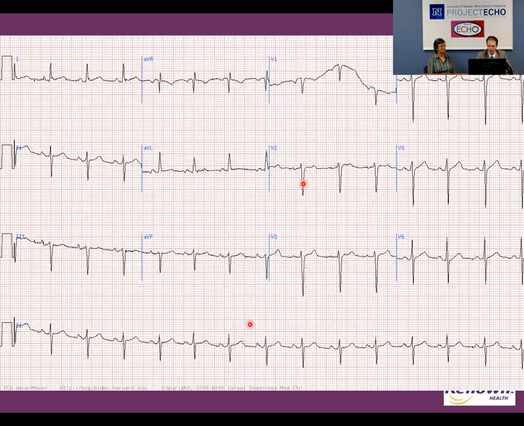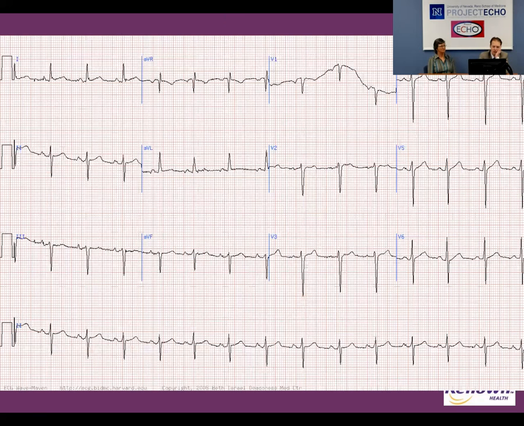The other criterion that I like to use is the S in V3 plus the R in AVL, which supposedly is the most sensitive criterion. More than 28 for a man, 20 for a woman. Almost makes it, probably would be LVH if it was a woman by the criteria.